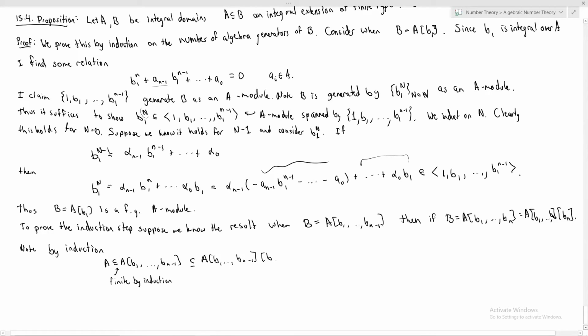I guess I should make a remark here. This is an integral extension of finite type. So this extension is generated as an algebra by B sub n, and it's integral because everything here is integral over A, so it's definitely integral over here. This implies this extension is finite by the base case.